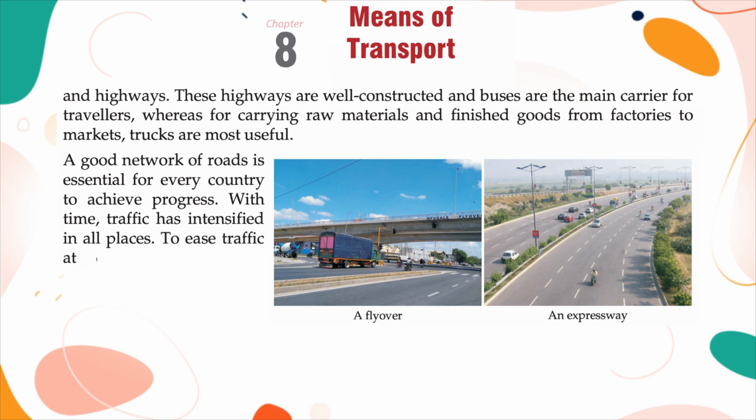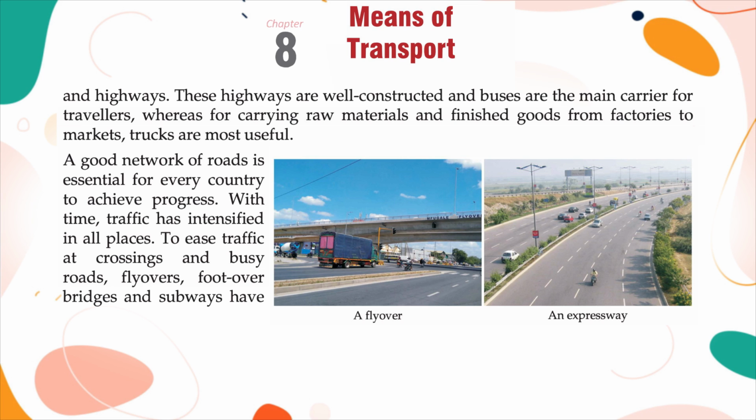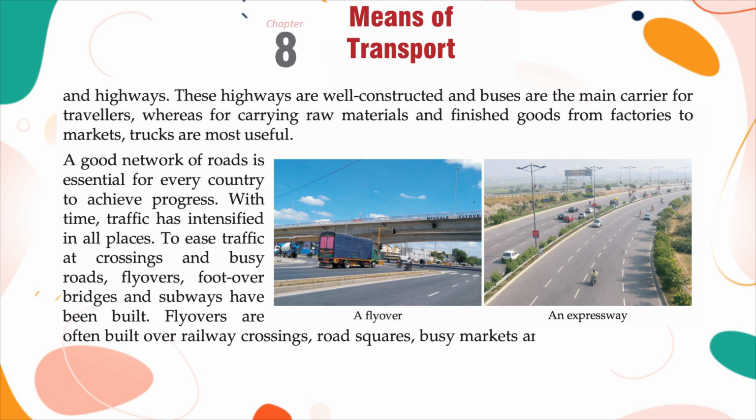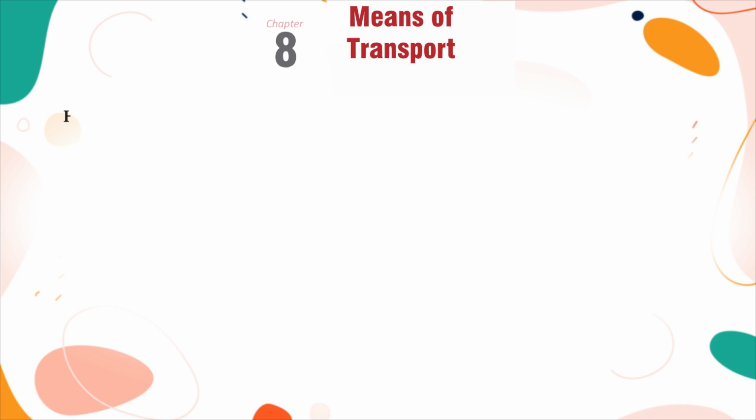To ease traffic at crossings and busy roads, flyovers, foot over bridges, and subways have been built. Flyovers are often built over railway crossings, road squares, busy markets, and other roads so that speedy traffic can run smoothly. A flyover, an expressway.